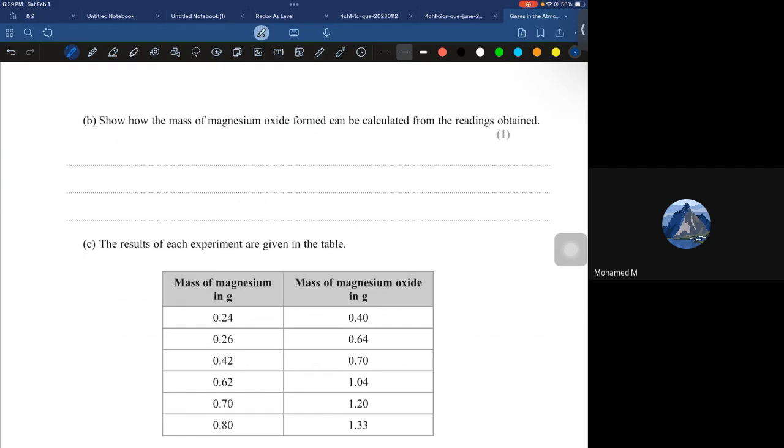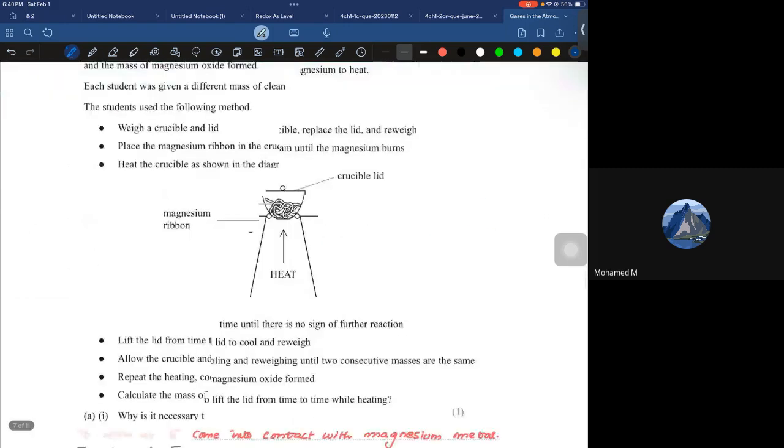State how the mass of magnesium oxide formed can be calculated from the readings obtained. Mass of magnesium oxide formed. Okay, so show up. Can you go back up? Oh, where are the readings?